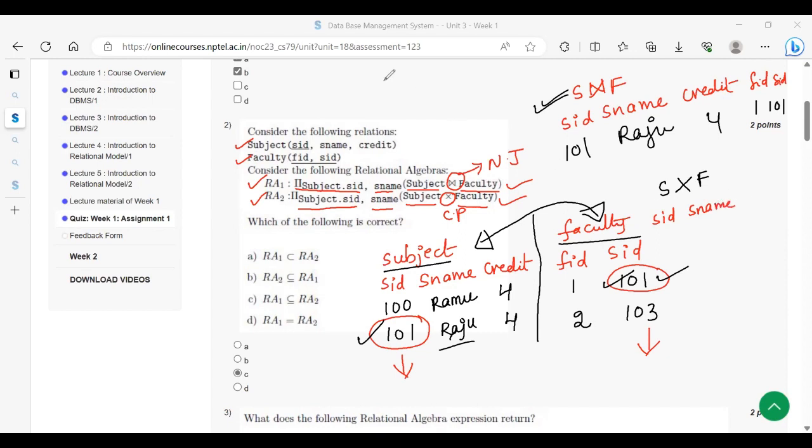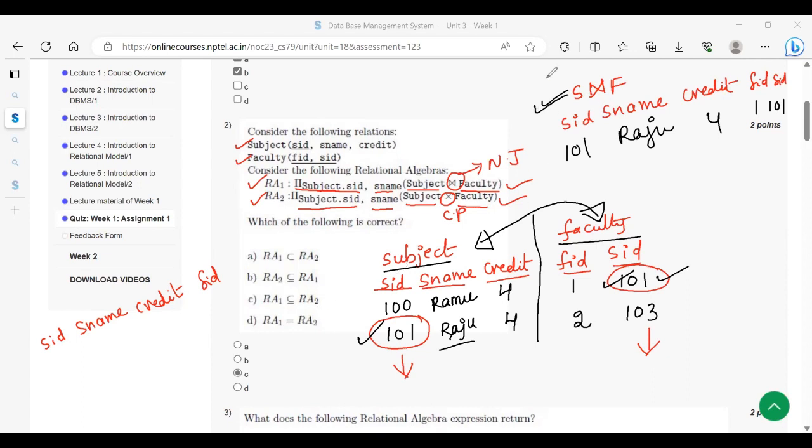Let me write here: SID, S name, credit, and FID, SID.